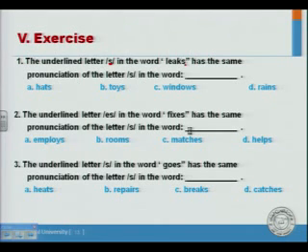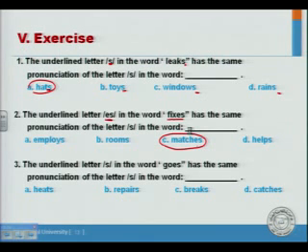Leaks has the same S as in "hats." Number 2: the underlined ES in the word "fixes," as I said now, is the same as in "employs," "rooms," "matches," and this is the answer.